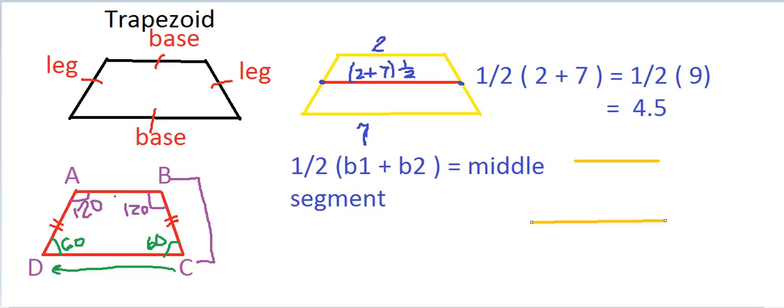Example, this one is a trapezoid. This is still a trapezoid, but this is not an isosceles trapezoid, meaning the legs are not congruent.